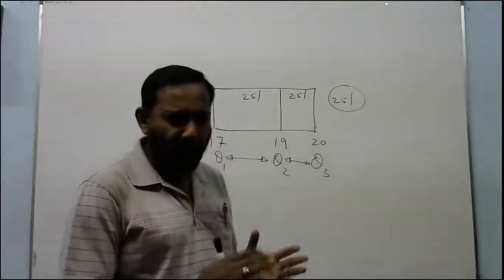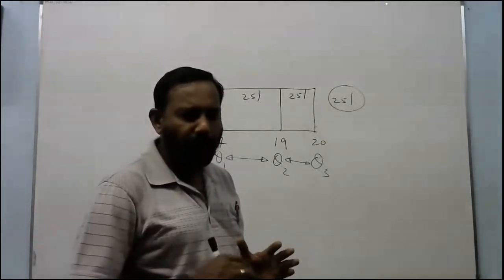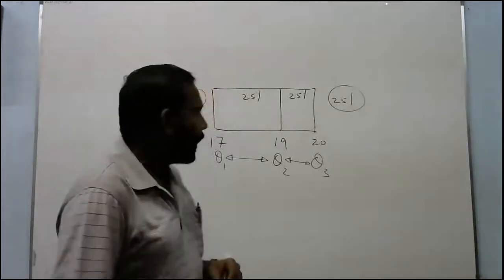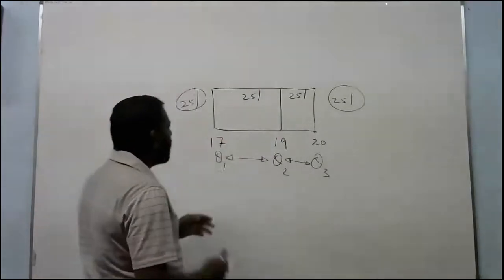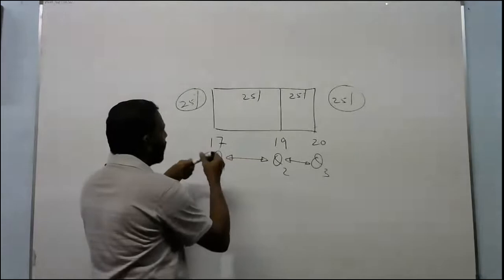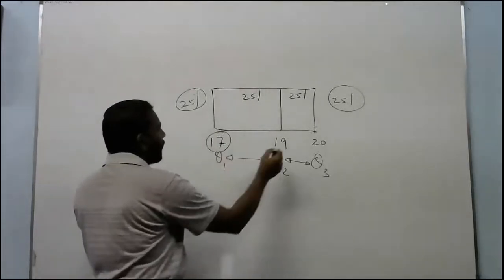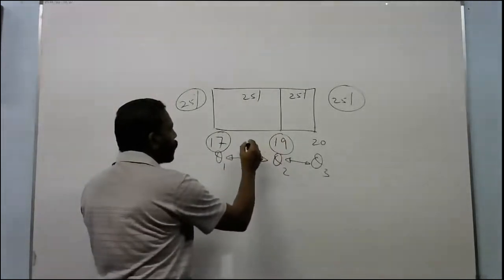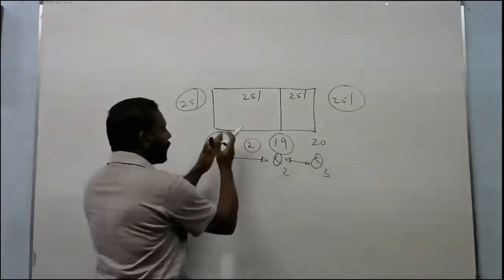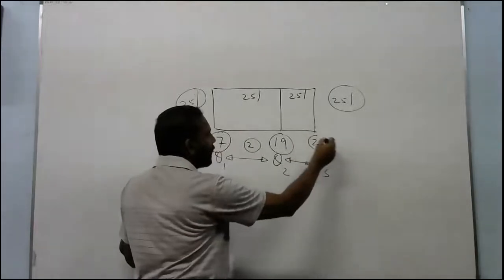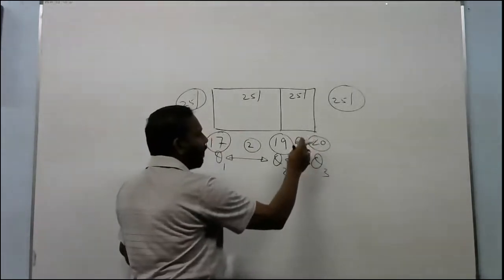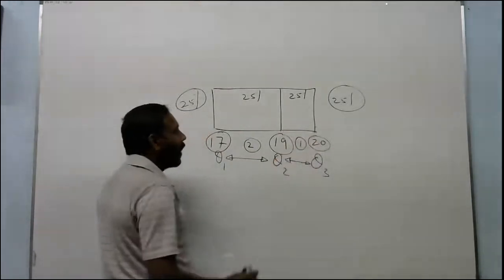Is it between Q1 and Q2 or Q2 and Q3? Q1 and Q2. Why? Because you see the values here, 17 and 19. The difference is 2, so the deviation scale is 2. Here, what is the difference? The difference is 1. So the scale is very narrowed down.